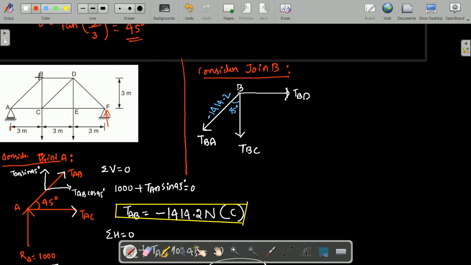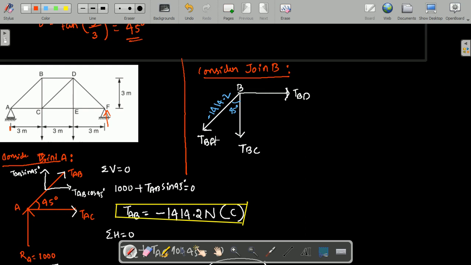You need to draw the free body diagram. I am writing the tension forces, as we have solved many problems in the previous module, in a similar way. But here we need to consider the particular joint. From that joint you need to draw the tension forces, and regarding direction, as I told you, always you write it as moving away from the joint.